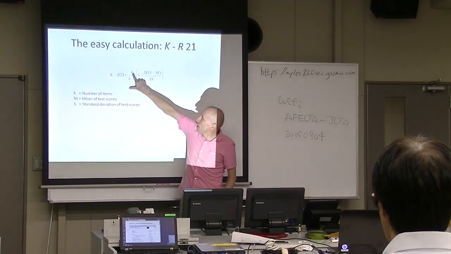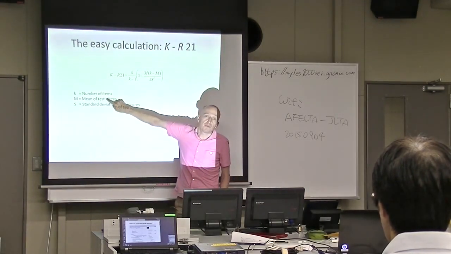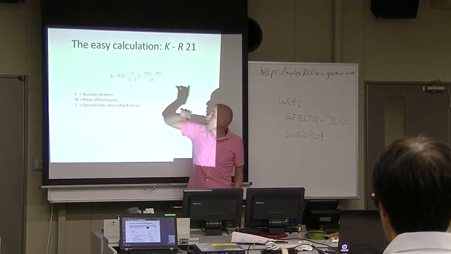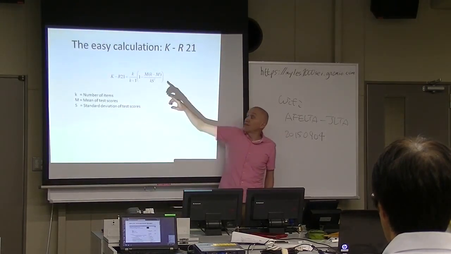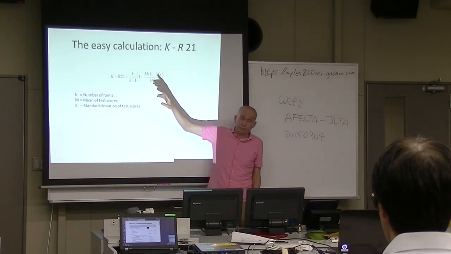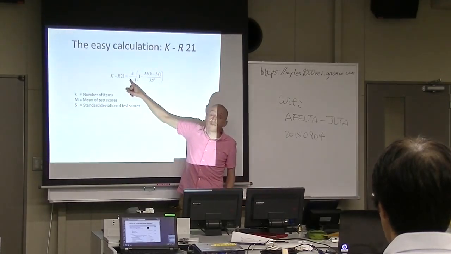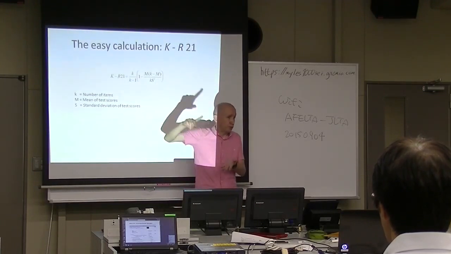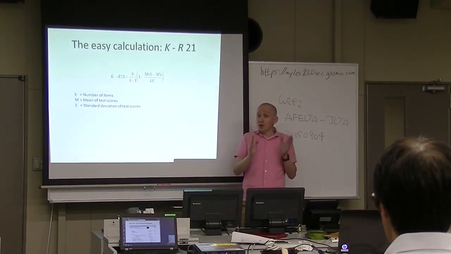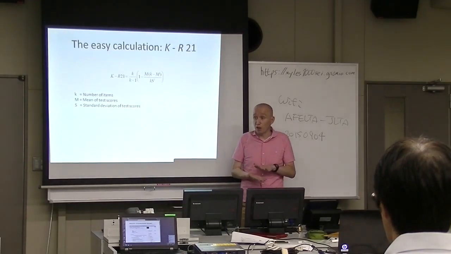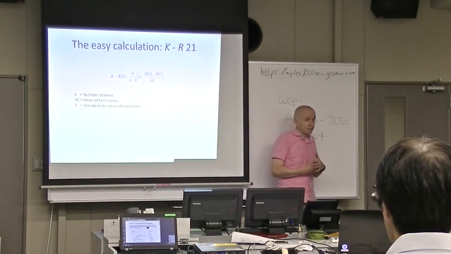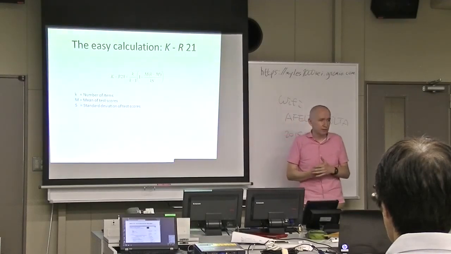K over K minus 1, this is the number of test items. So if I have 10 items, then this will be 10 over 9, and that's 1.11. But if I have 100 items, 100 over 99, that's much smaller. So the number of items that we have is quite an important factor.